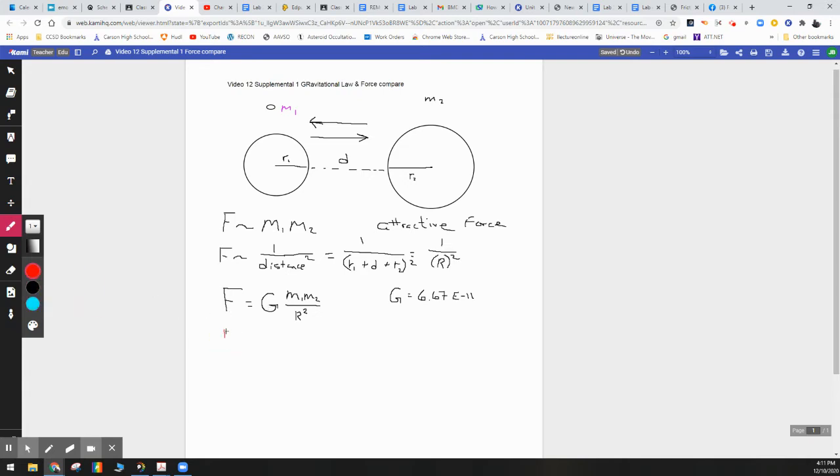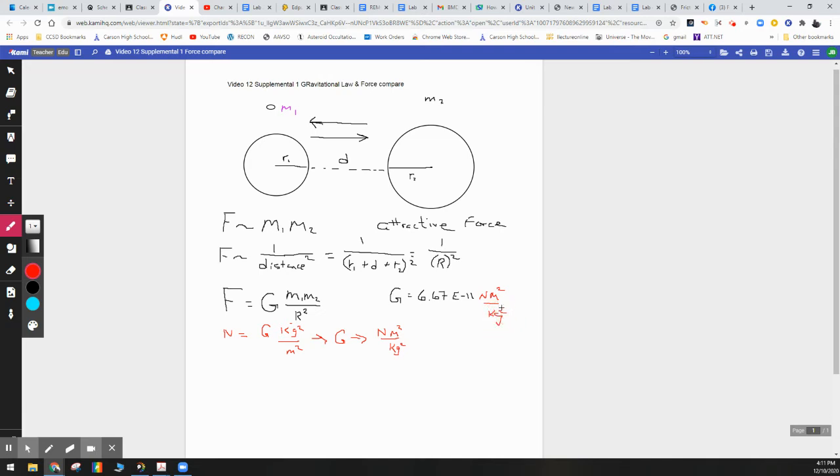We know that this is newtons, and this is big G, and this is mass times mass, which would be kilograms squared, divided by radius squared, so that's meters squared. If I solve for G, the units of G are going to be newton meter squared over kilogram squared. So these are the units for the universal constant.